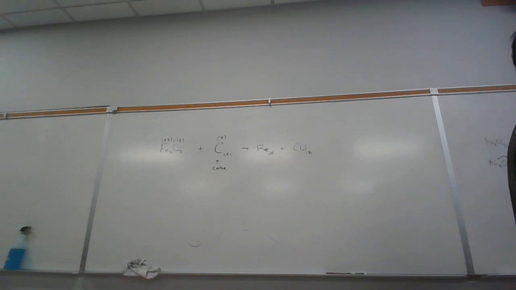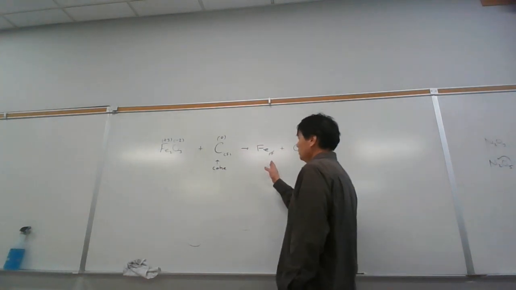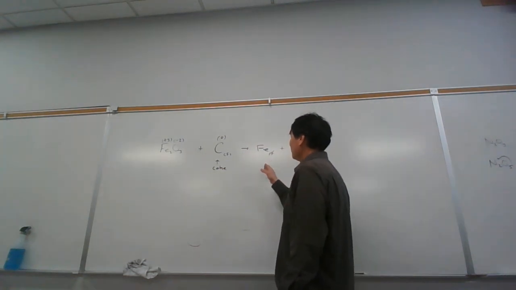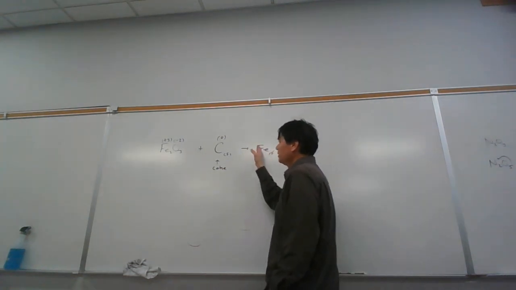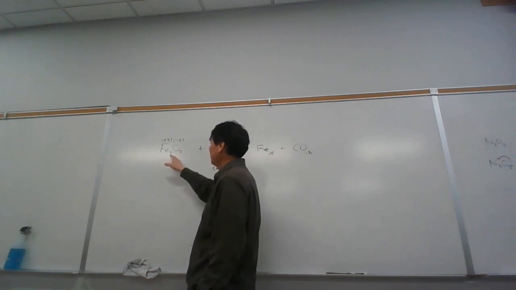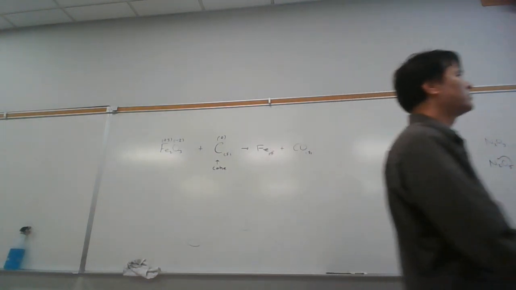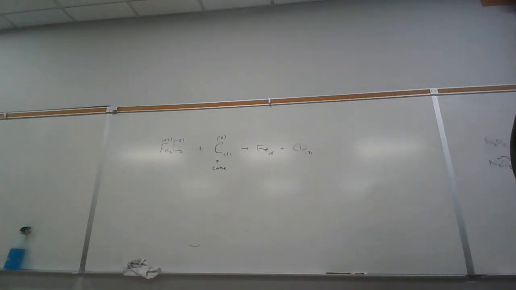So from the kilograms of iron, we can go to grams of iron to moles of iron to moles of Fe2O3, and moles of Fe2O3 to grams of Fe2O3. Once we know how many grams of Fe2O3, then we can figure out what the percentage of this ore is Fe2O3.